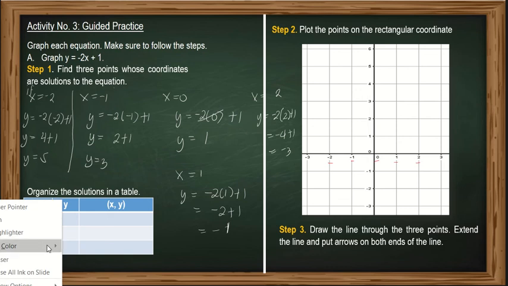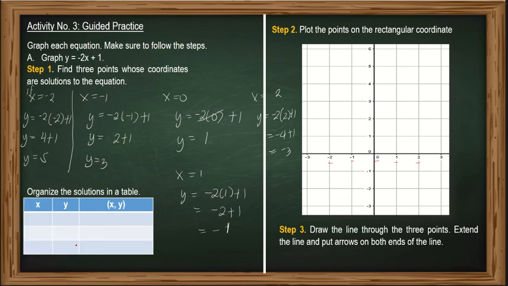So let's organize the points here in the table of values. When x equals -2, our y is 5, so you have -2, 5 as the ordered pair. Then x is -1, y is 3. Then x is 0, y is 1, so 0, 1.